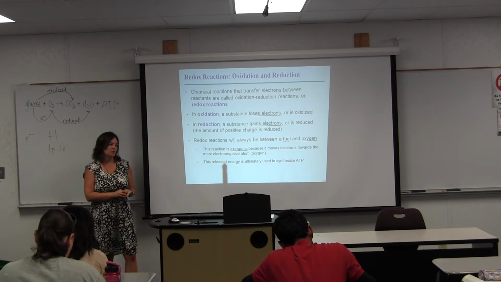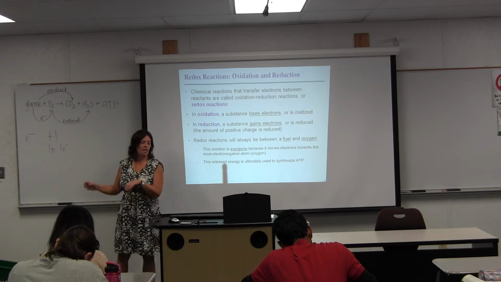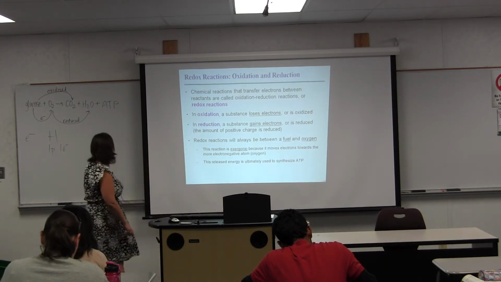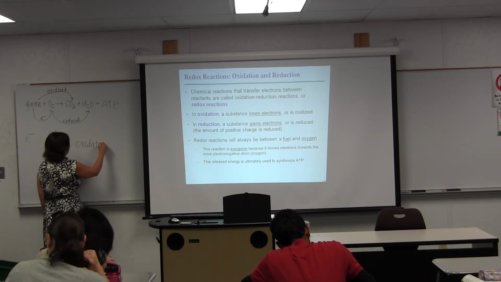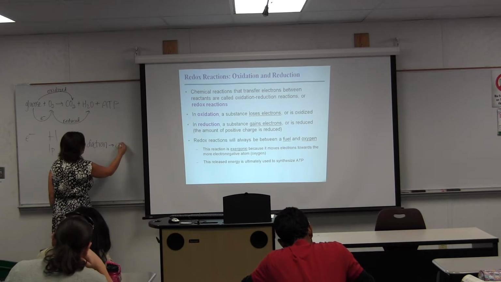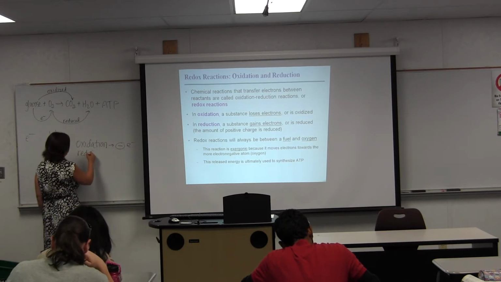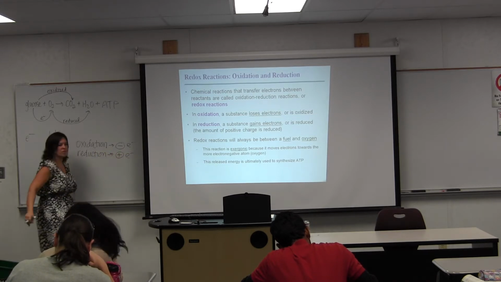A redox reaction is a combination of a reduction and an oxidation, and we already briefly mentioned this over here. In an oxidation, you're removing electrons. In a reduction, you're adding electrons to something.